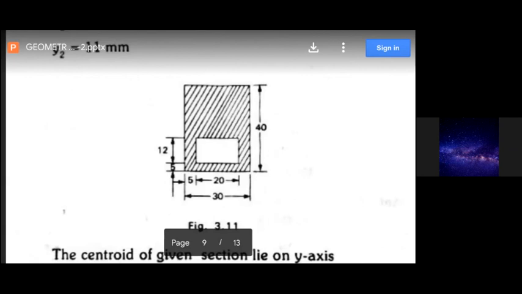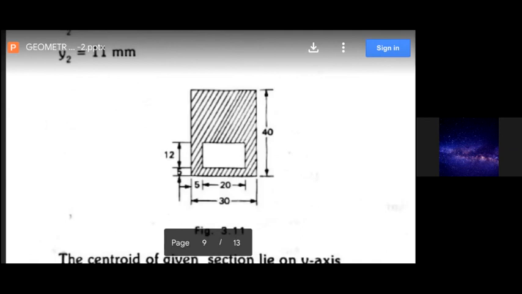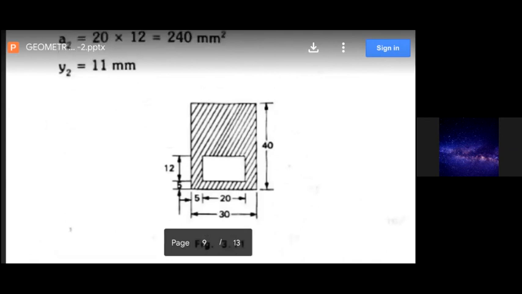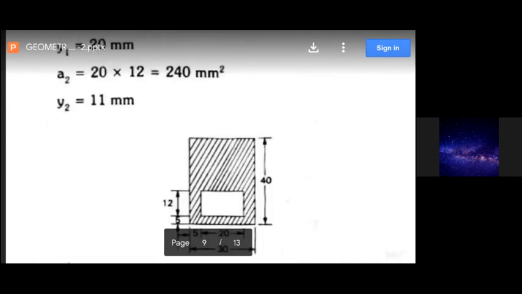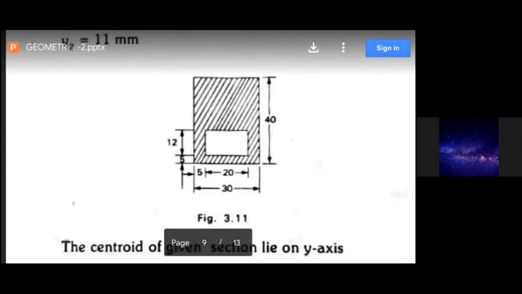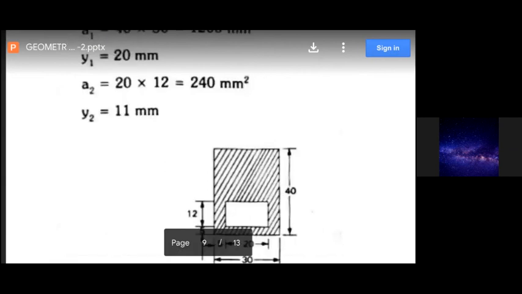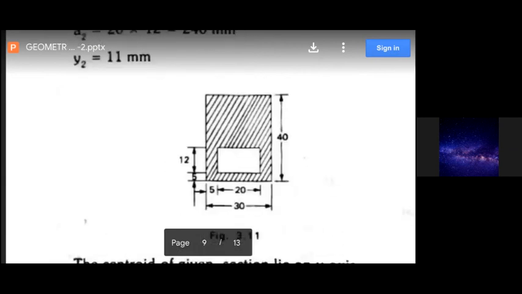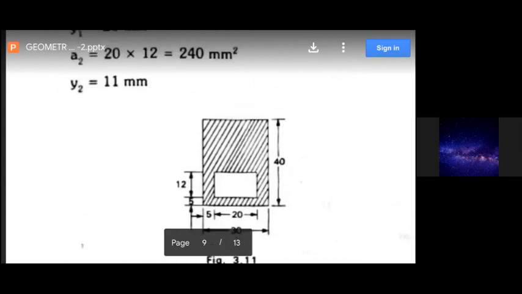So y1 is equal to half of 40, that is 20. Next, A2, the smaller one. Dimension is 20 cross 12, that is 240. And y2 is equal to, see here, from base we will get half of 12 plus 5, that is 6 plus 5, 11.